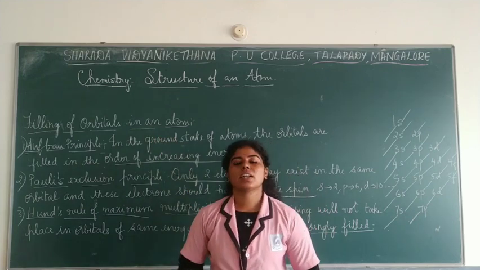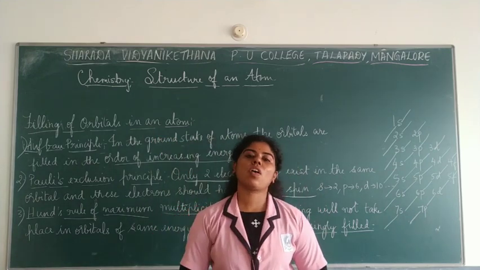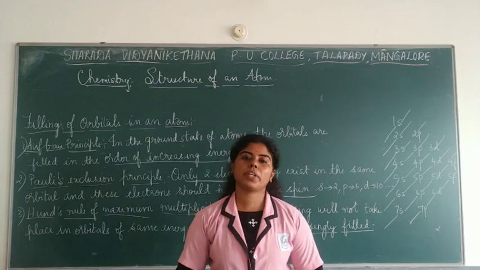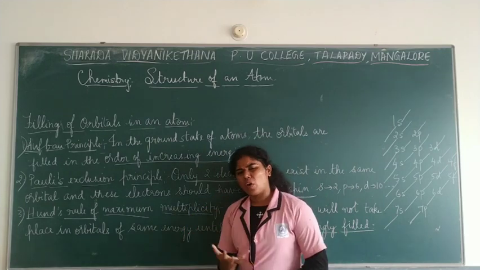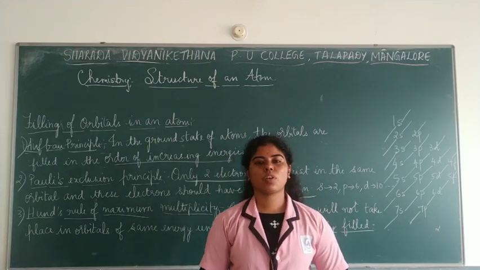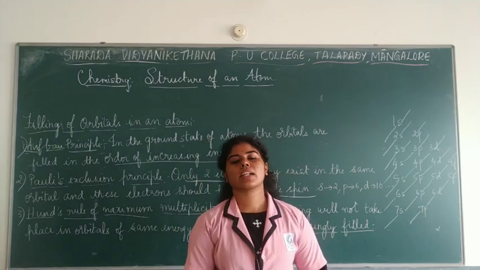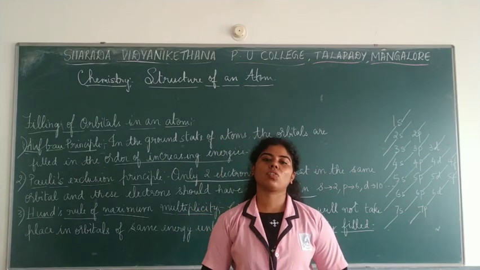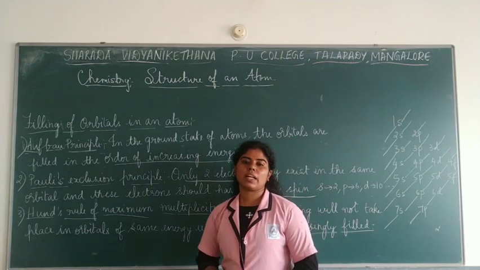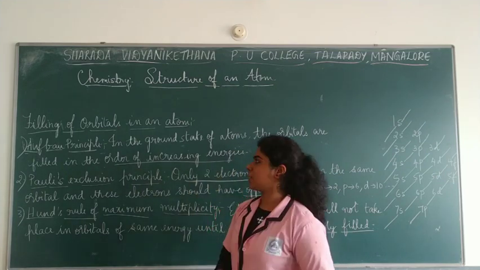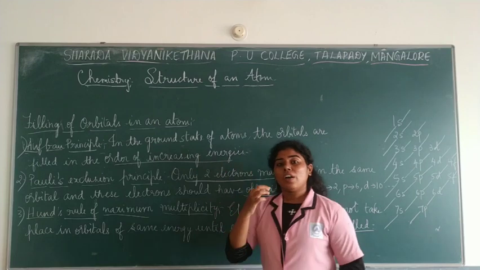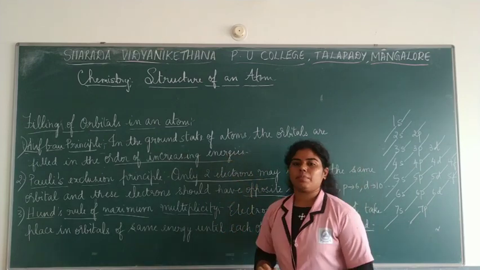Okay, so let us see how the filling of electrons in different orbitals is done. We have already studied writing the electronic configuration in the previous chapter, but let us see what rules are to be followed when we fill electrons inside the orbitals. Now, filling of orbitals in an atom.